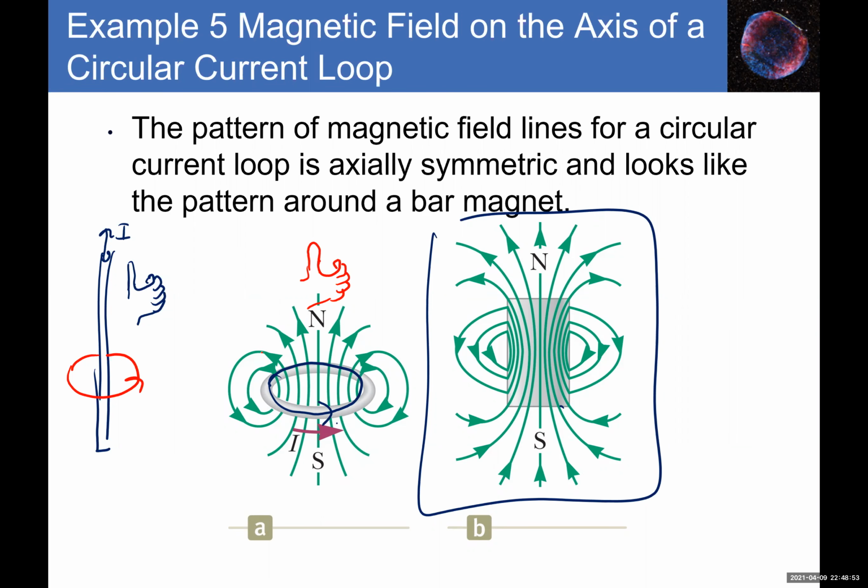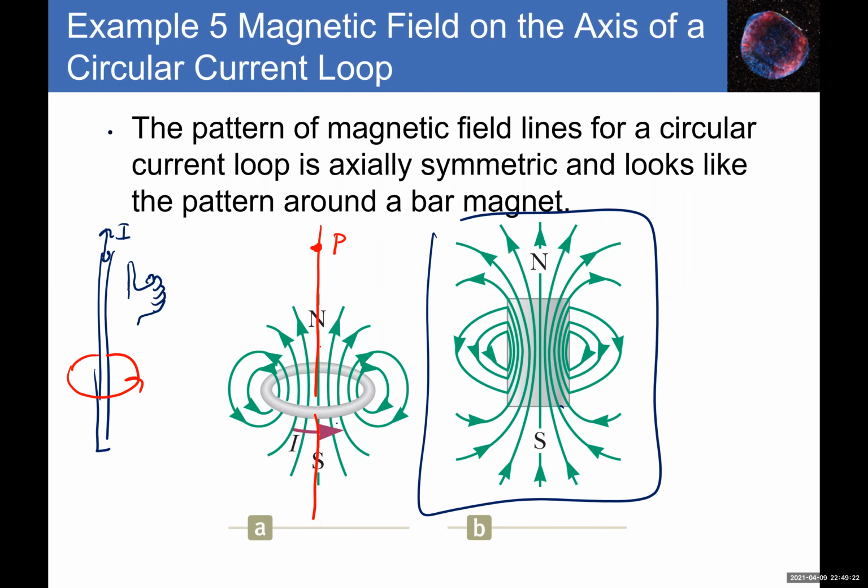Okay. Now, for the circular loop, you have the equation that I just derived for you. Think of it like this: through the center axis, some point over here.